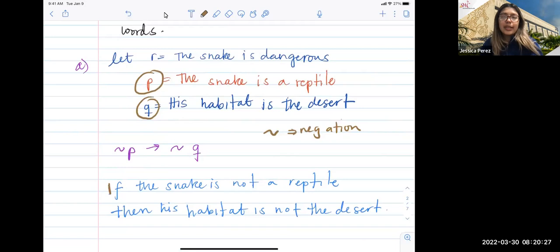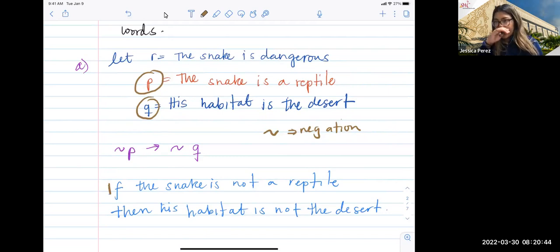You're looking at the negation of not P and not Q. If not P, then not Q. So if the snake is not a reptile, then his habitat is not the desert. Okay?